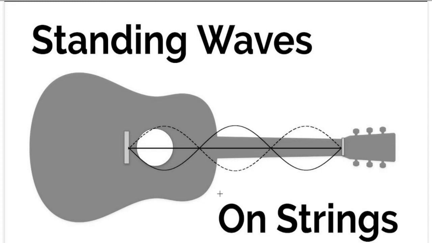So here we may get 2 loops, 3 loops or many loops, and each loop or each wavelength or frequency will give a distinct note. So based on what frequency you want, we can control the nodes as well as the loops. This is one practical example of a standing wave.